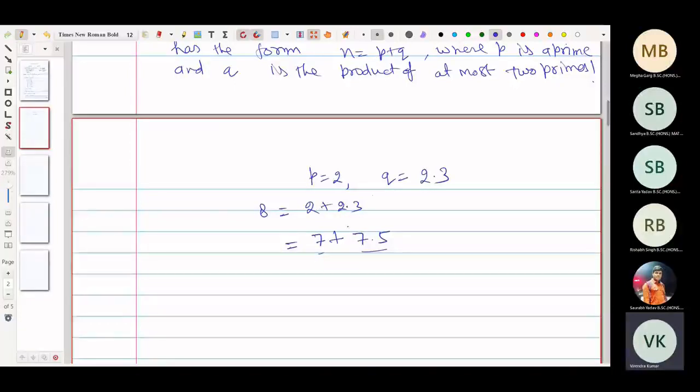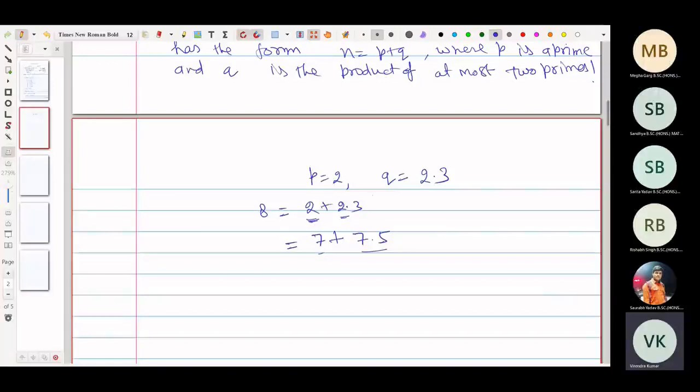So in case of even, there should be 2 also, and this also should be 2, I mean to say this should be fixed at least, because 2 is the only even prime number.